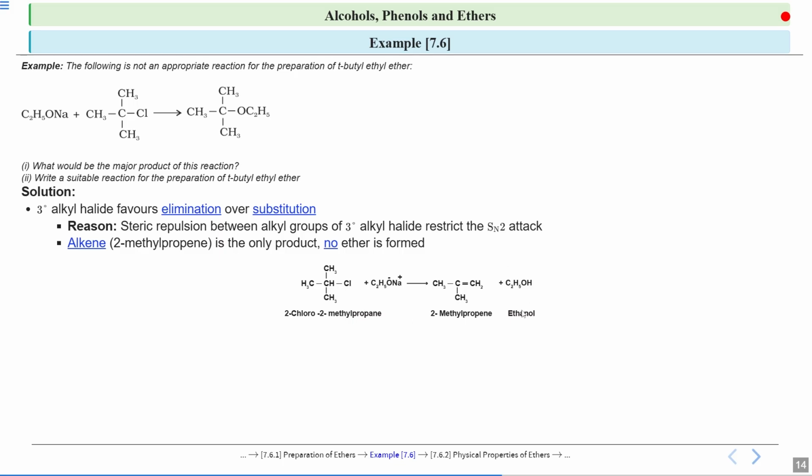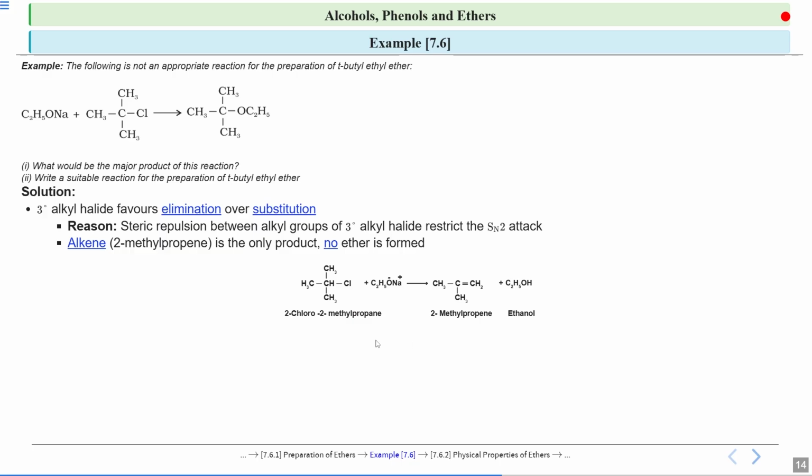And what will be left? Your ethanol will be left, that is C2H5O with the H from this methyl group. And NaCl will also be formed, that is Na plus and Cl minus. So you see from this 3-degree alkyl halide, an alkene is formed, that is 2-methylpropene.